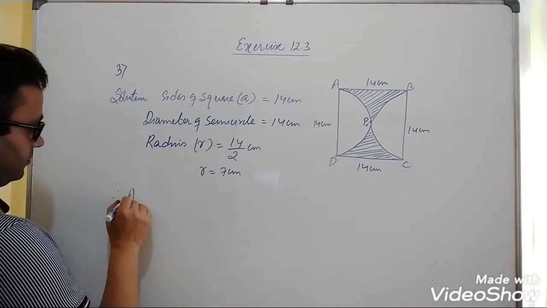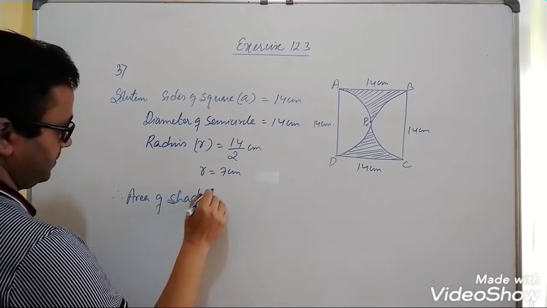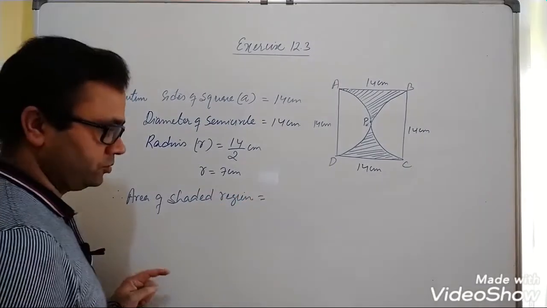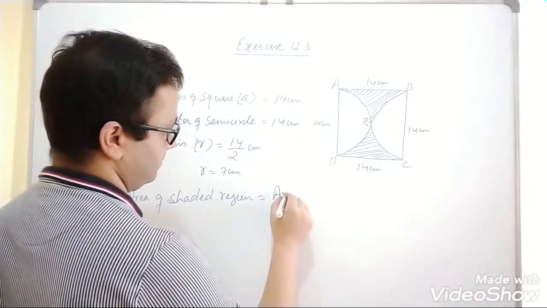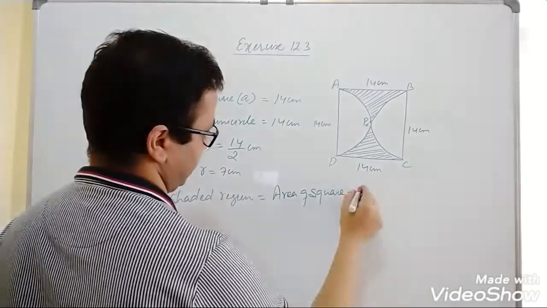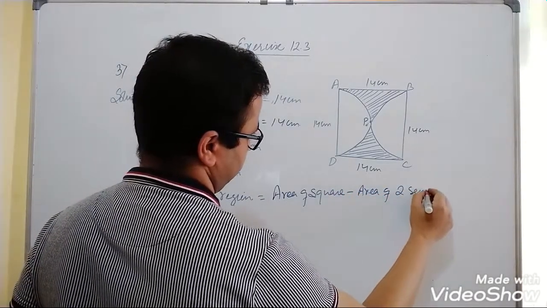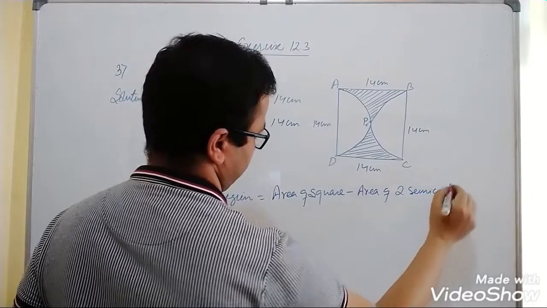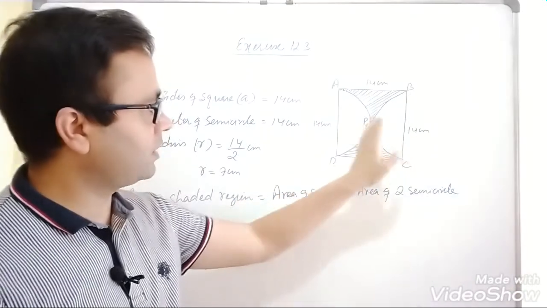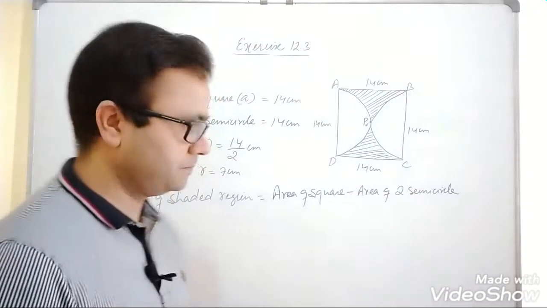Now we can calculate the area of the shaded region. Therefore, area of shaded region equals area of square minus area of two semicircles.